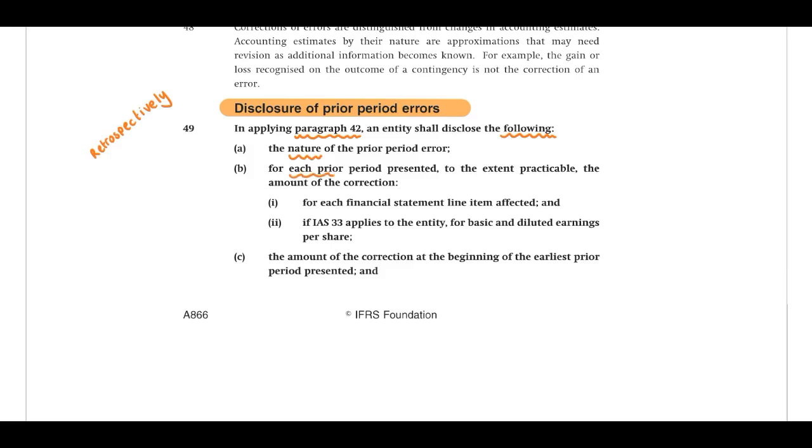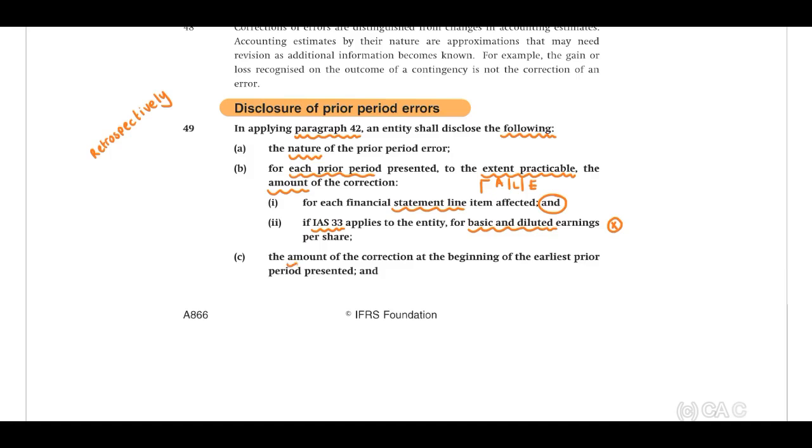B. For each prior period presented, to the extent practicable, the amount of the correction for each financial statement line item affected, therefore for each line item affected, such as your assets lines, your liability lines, or any equity lines, and if IAS 33 applies to the entity, for basic and diluted earnings per share. Now, when we refer to the information provided, they did not provide us anything relating to IAS 33.